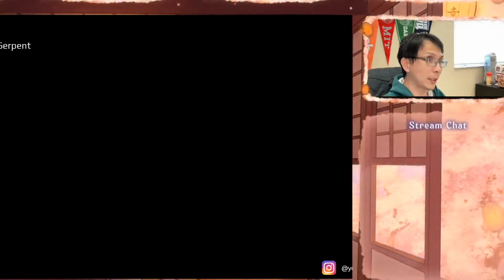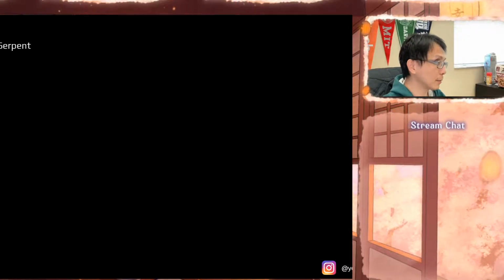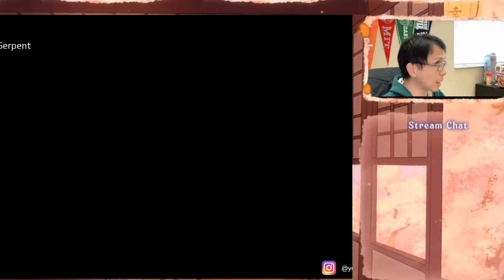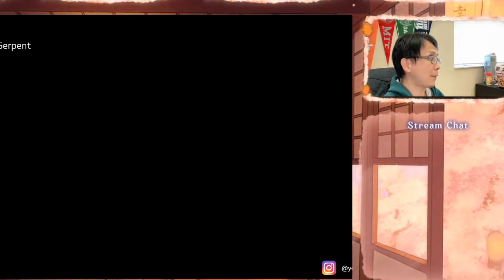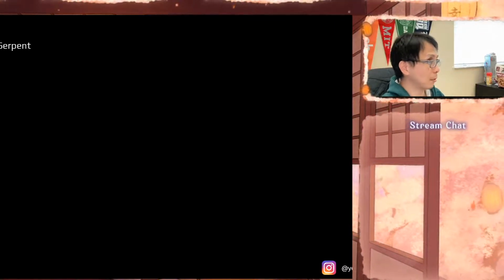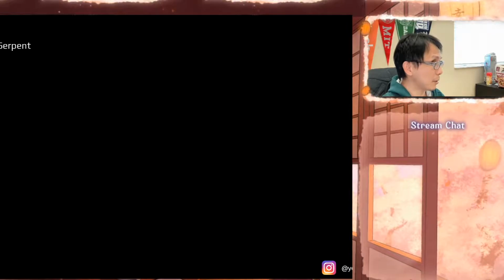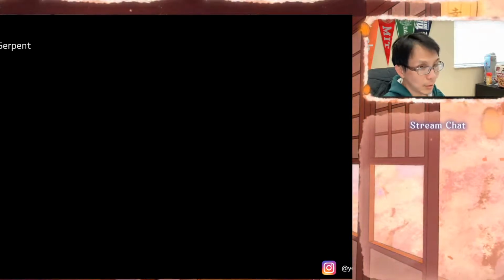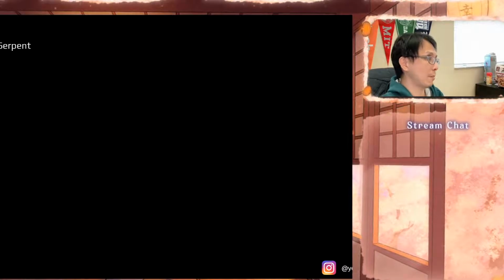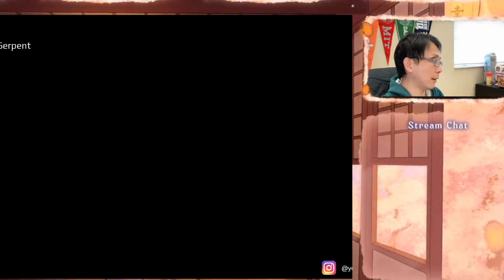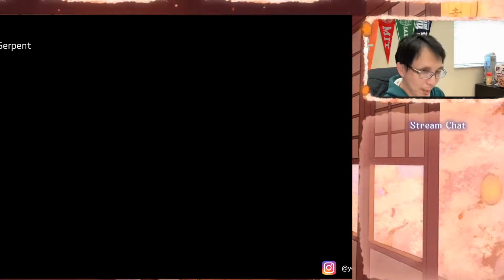By looking at it, there are 2 spaces. If there are 4 trees, how many spaces? 3. If you have 1,000 trees in a row, how many spaces in between? 999. So it's always n minus 1. Subtract 1 from the number of trees to get the number of spaces.